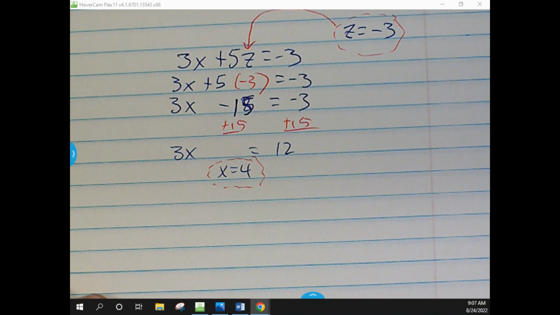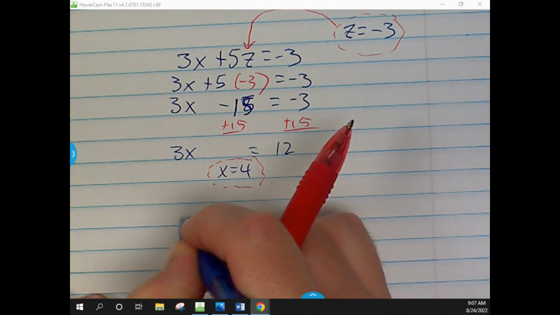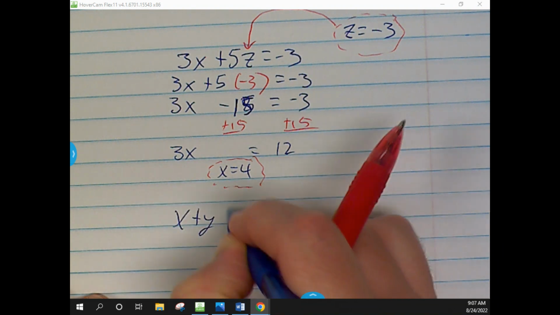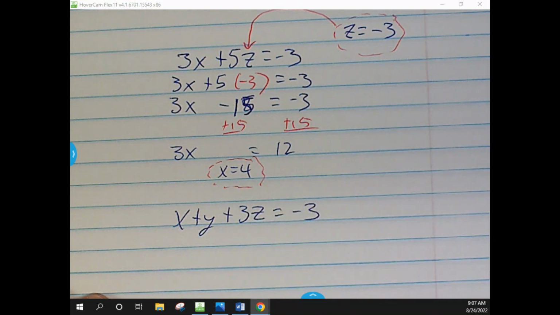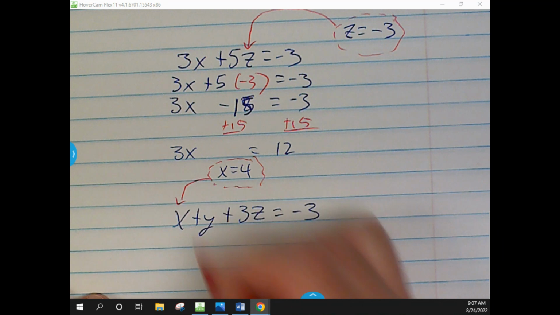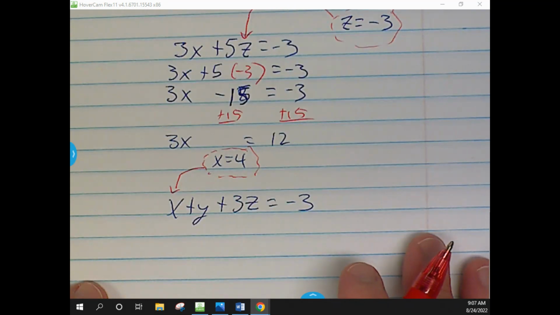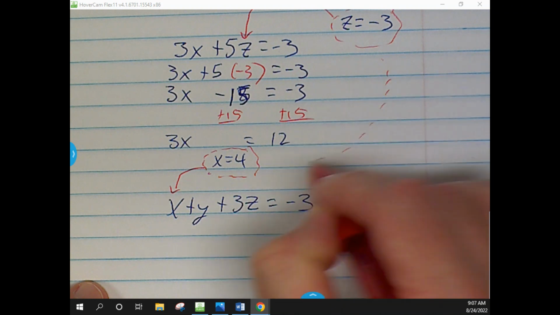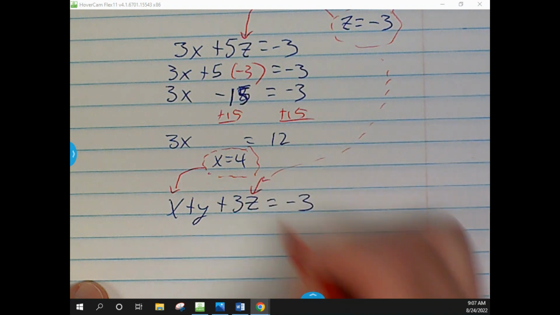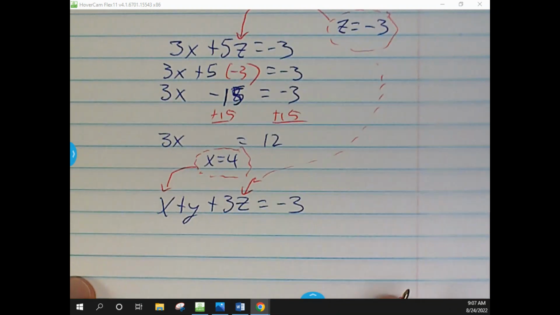Let's just, I don't know, maybe pick the middle one. That we've got x plus y plus 3z equals -3. I'm going to plug in 4 for the x, and we're going to plug in z with a -3.